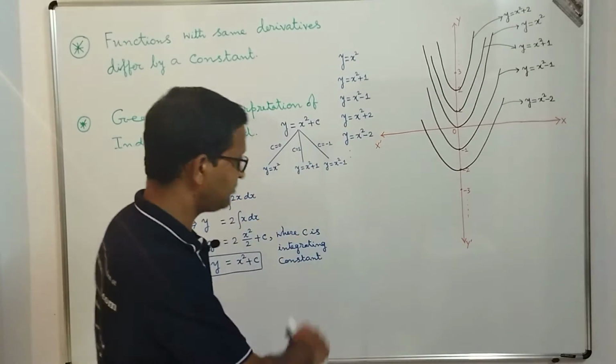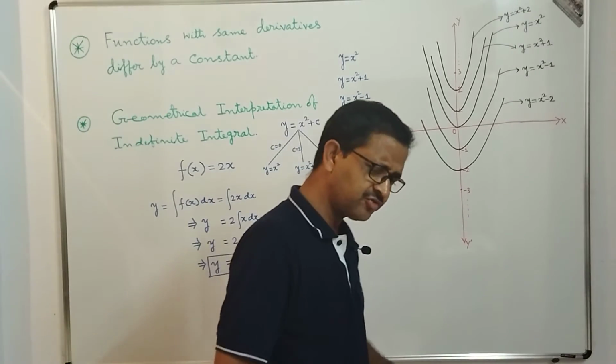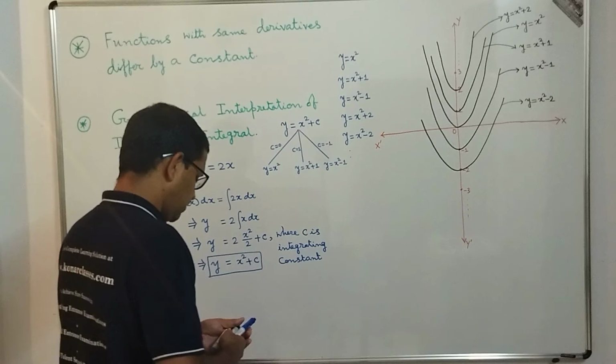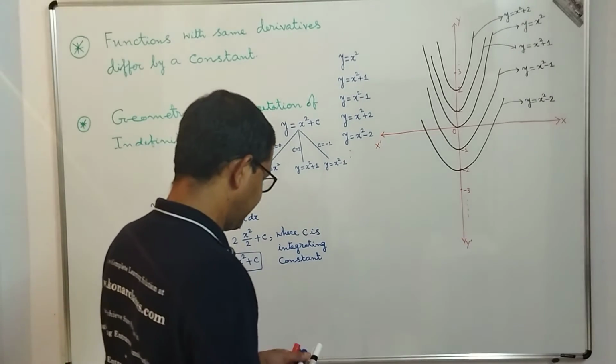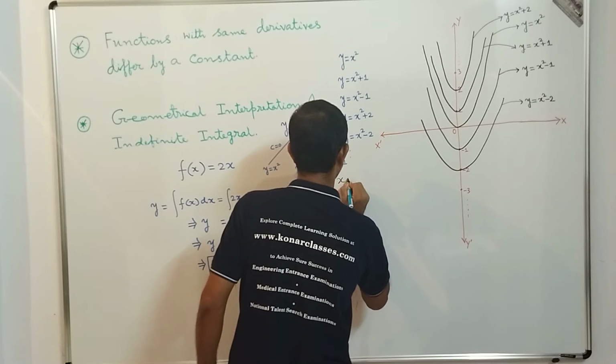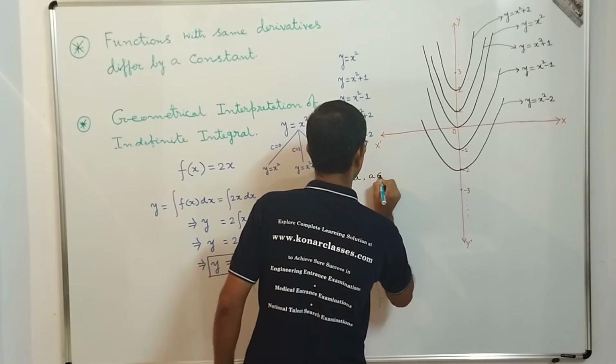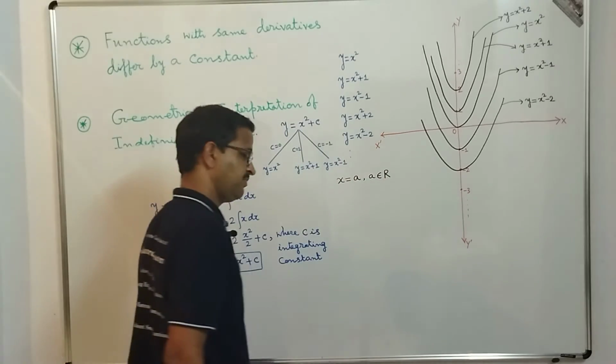Now there is another interesting point. What about this 2x? For that we are going to draw one line, and that line is x equal to a, where a belongs to the set of real numbers.